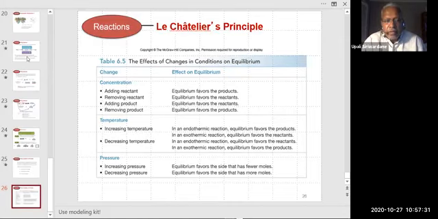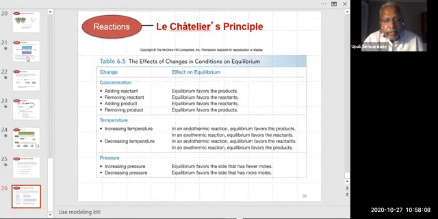Removing reactants, more reactants will be formed, as products react to form more reactants. Removing will add. Adding will remove. Adding product, equilibrium favors the reactants, and removing products, equilibrium favors the products. It will go to the product side.